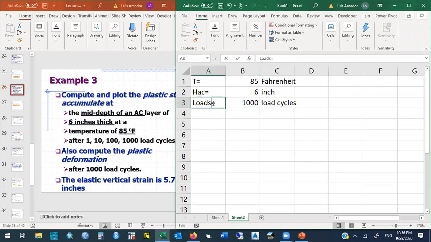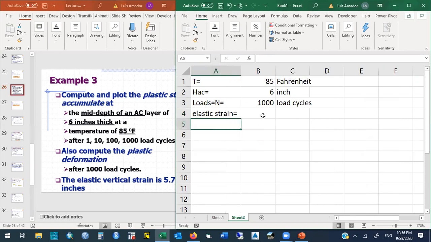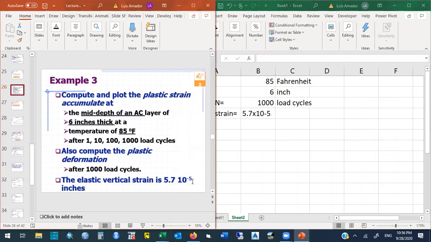This is my N, right? And the elastic strain is going to be 5.7 times 10 to the minus 5. Yeah.